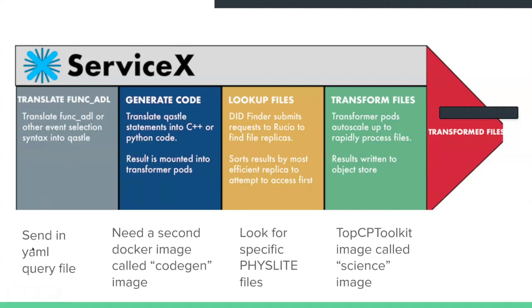So you send in your query, then that goes to this other Docker image that you have to write called the codegen image, or that we had to write. Sorry, the user doesn't need to worry about this, but we have to write a codegen image, and then that takes in the query file, generates some code, and then your PHYSLITE files get looked up, and then the generated code and the PHYSLITE files get passed to the science image where TopCP toolkit is.